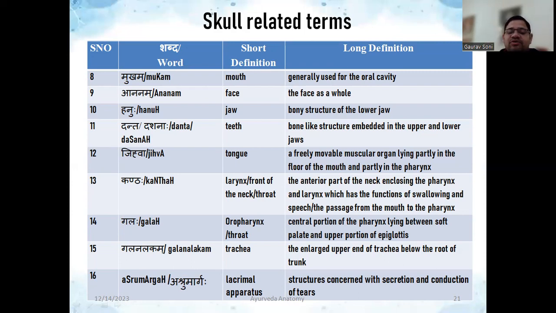That particular part can be called Gala, or throat. It is the central portion of the pharynx lying between the soft palate and the upper portion of the epiglottis. Then there is Galanalika, that is the trachea, the large upper end of the trachea below the root of the neck. Then there is Ashru Marga, something related to Ashru, meaning tears. That is the lacrimal apparatus, the structures concerned with the secretion and conduction of tears.